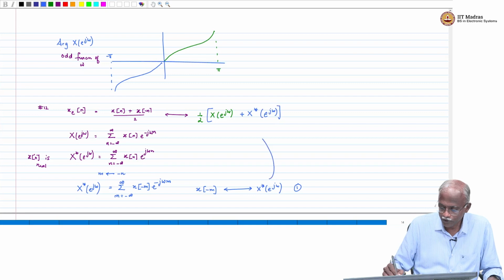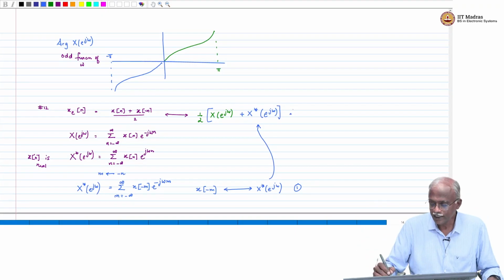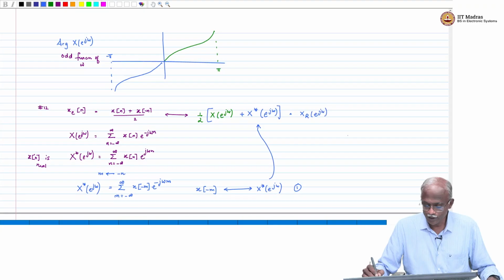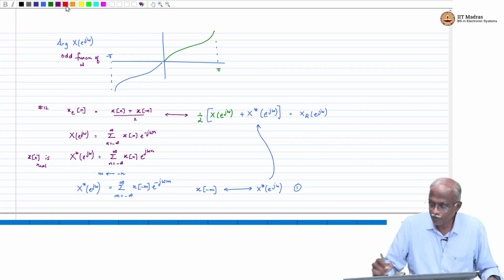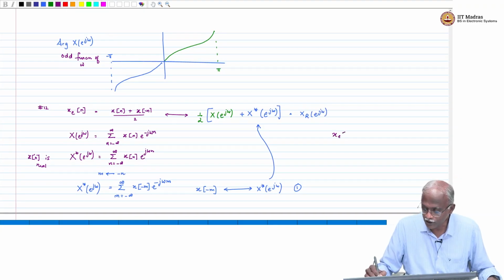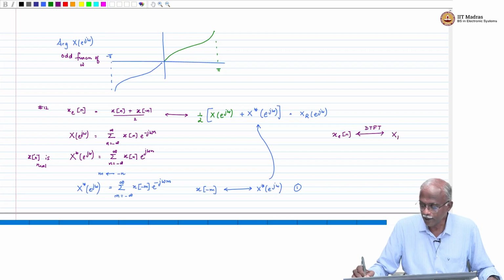Okay, so I am using number 1 here. What is this? A complex quantity plus its conjugate comes out to be the real part. So this is equal to X_R(e^{jω}), or in other words, the even part of the input sequence x of n has a discrete time Fourier transform, again for real valued signals, that maps to the real part.